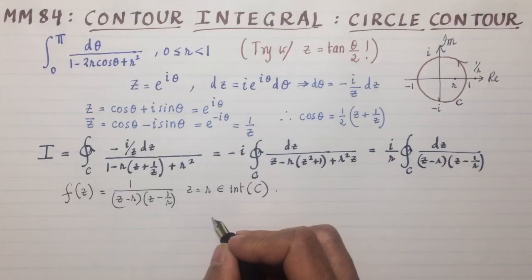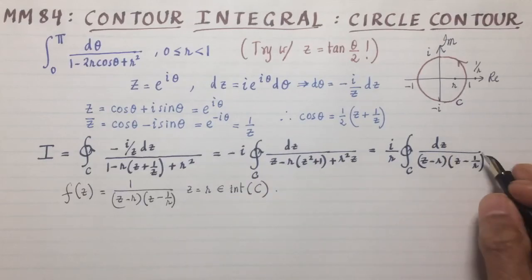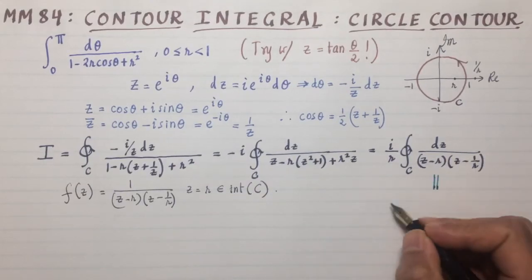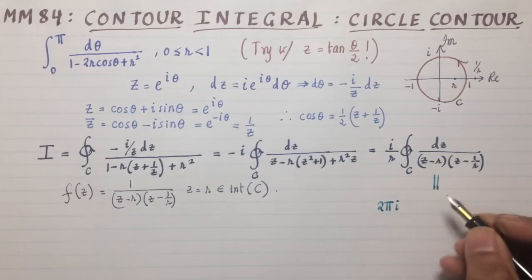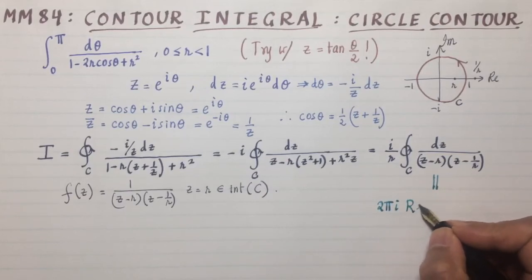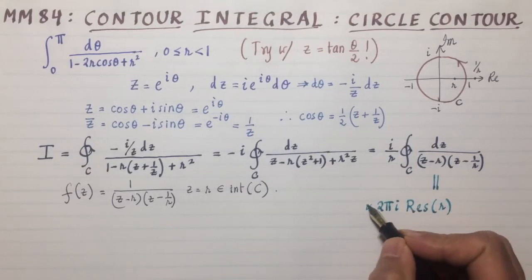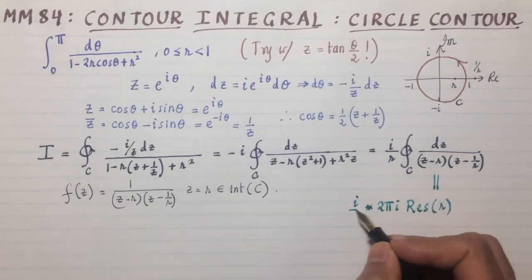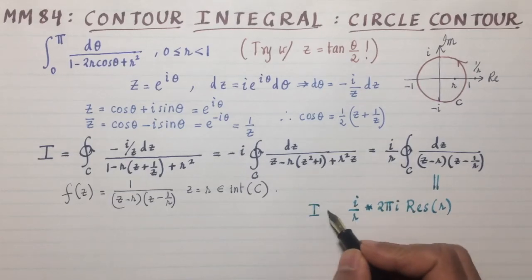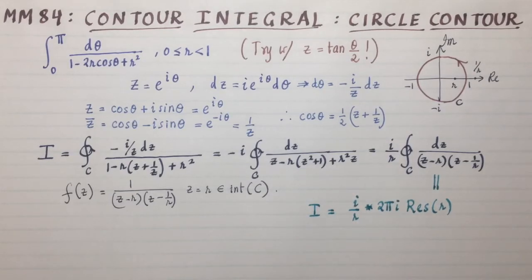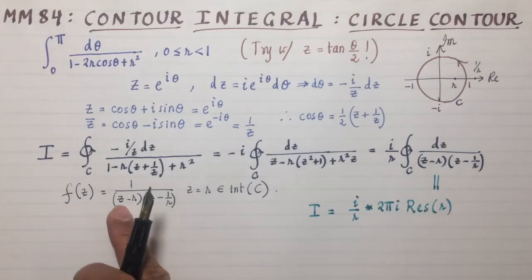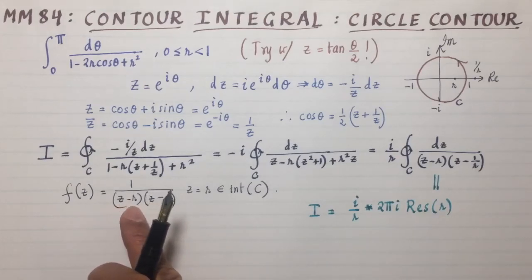And so that's the only residue we'll be worried about in the residue theorem of Cauchy. By the residue theorem, the value of this integral is equal to 2 pi i times the residue at r. Now that also has to be multiplied by what's up front, so that's i over r. So the integral I is just that. Now, by the various results of residue theory, all we have to do to compute the residue is multiply this throughout by z minus r.